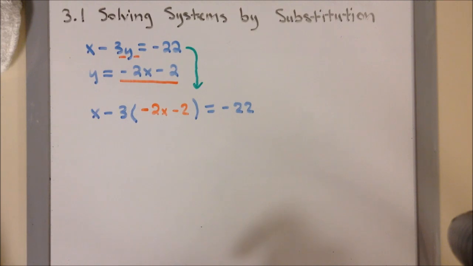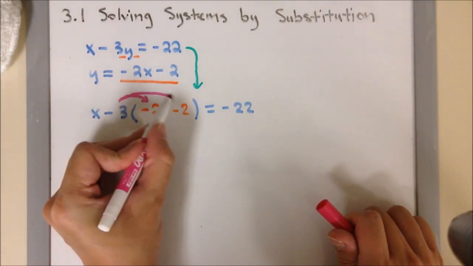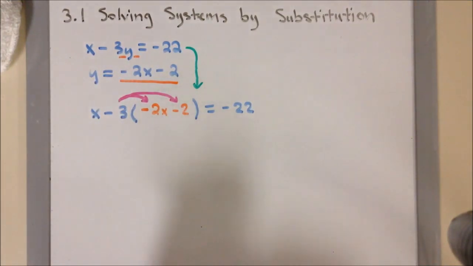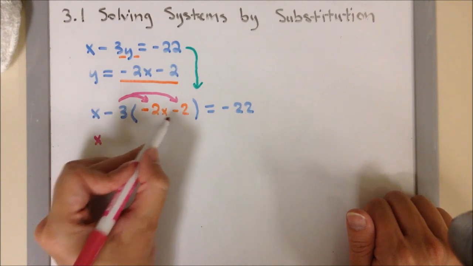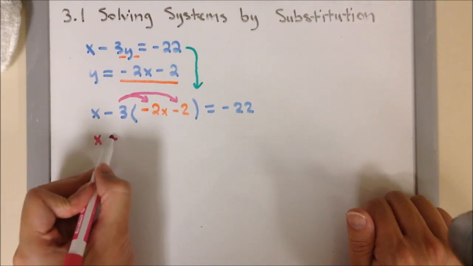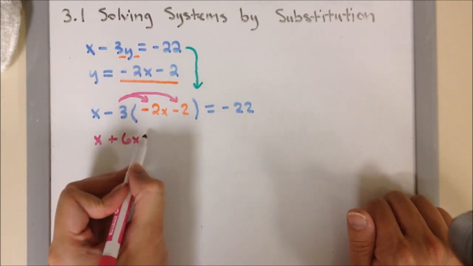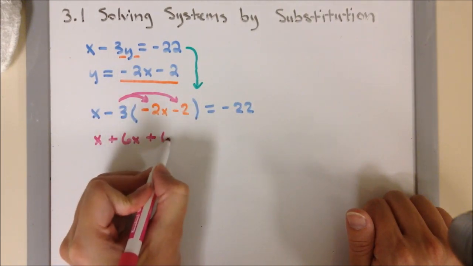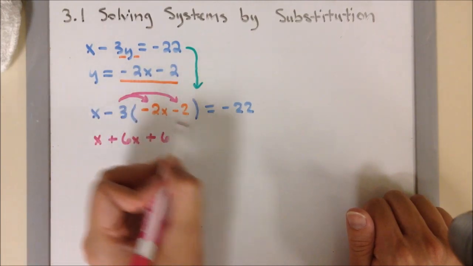So what's next? We're going to distribute the minus 3 or negative 3. Doing so, I'm going to bring down the x. Negative 3 times negative 2x, that will be plus 6x. Negative 3 times minus 2, that will also be plus 6, because remember, negative or minus times negative will be a positive.